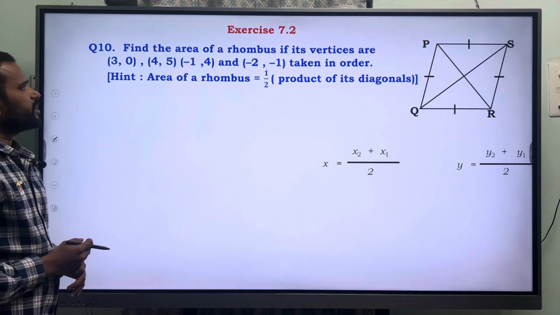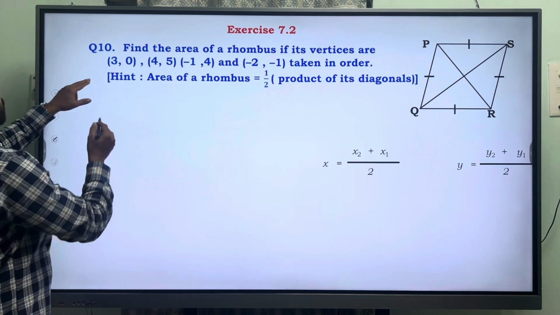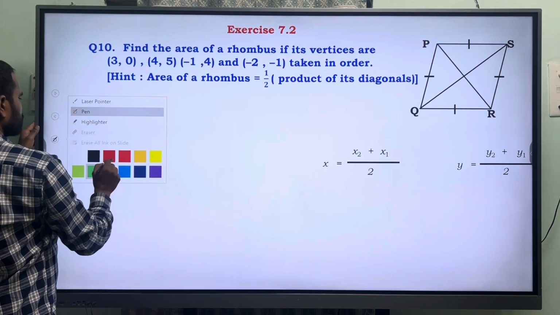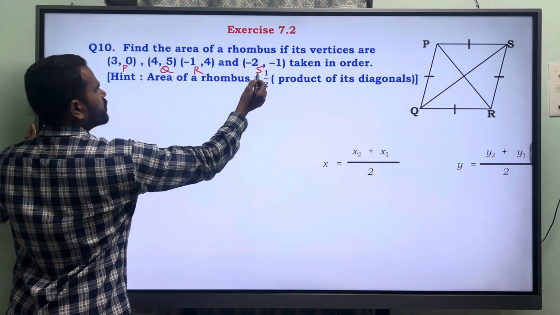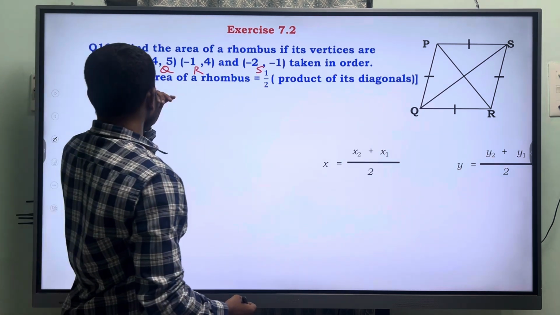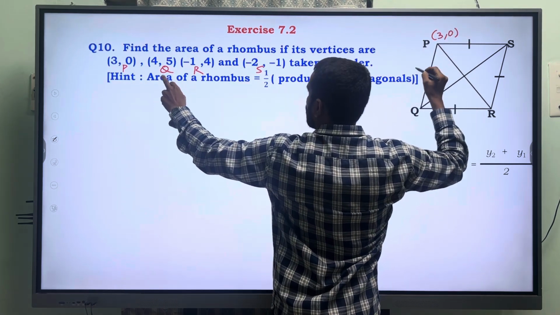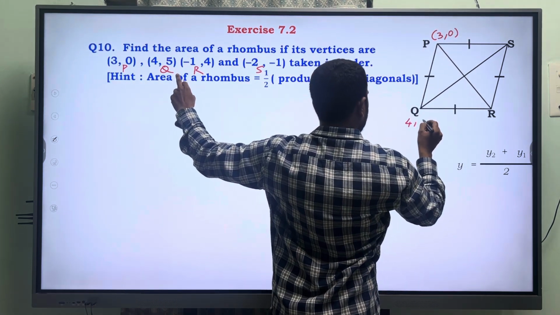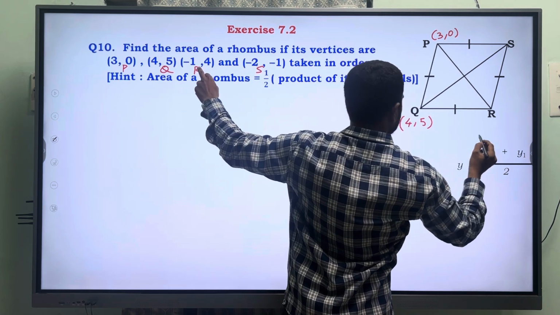See here, find the area of the rhombus if its vertices are P, Q, R, S, which are taken in order, right? P value is how much? 3 comma 0, Q is 4 comma 5, R is how much?